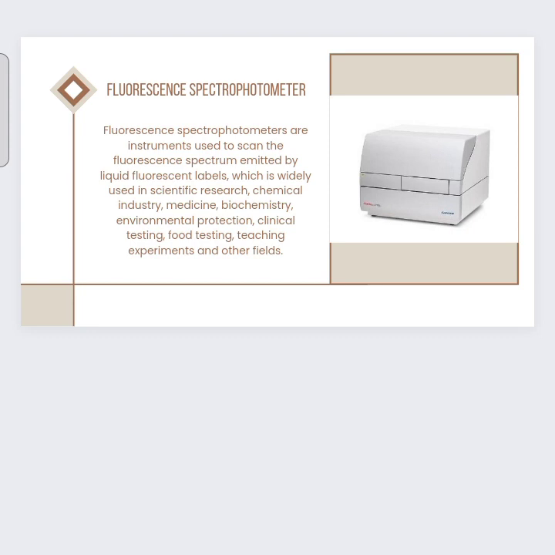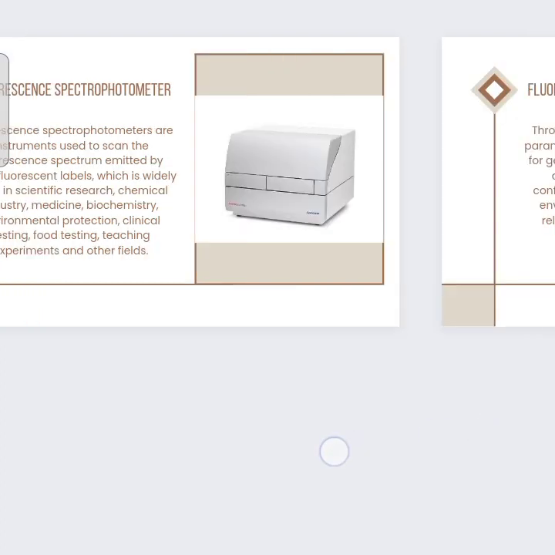Fluorescence spectrophotometer. These are instruments used to scan the fluorescence spectrums emitted by liquid fluorescent labels, which are widely used in scientific research, chemical industry, medicine, biochemistry, environmental protection, clinical testing, food testing, teaching experiments, and other fields.